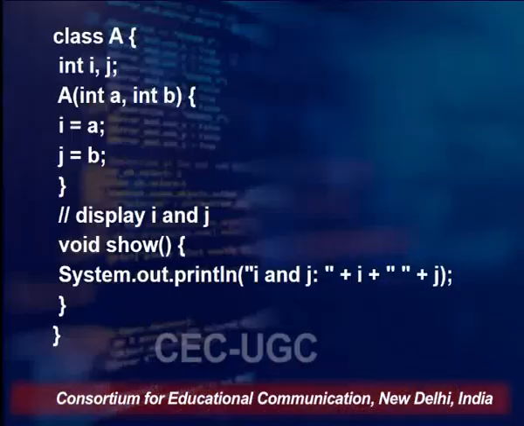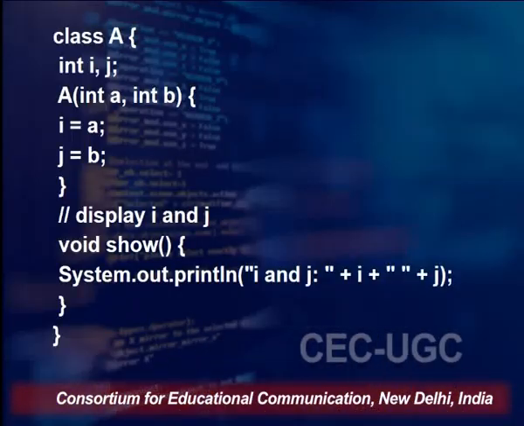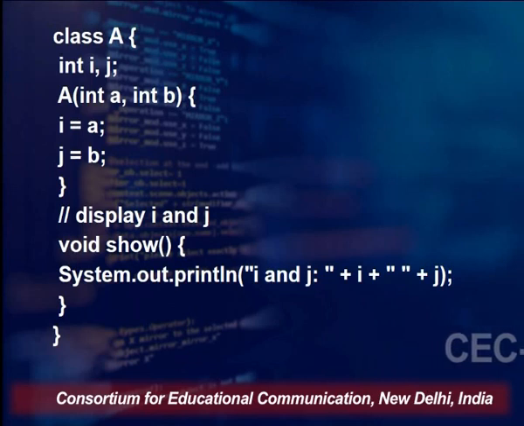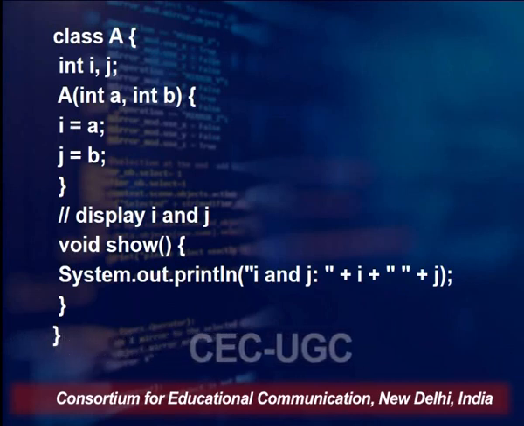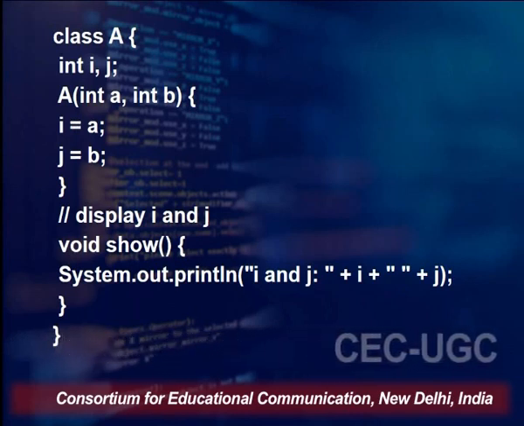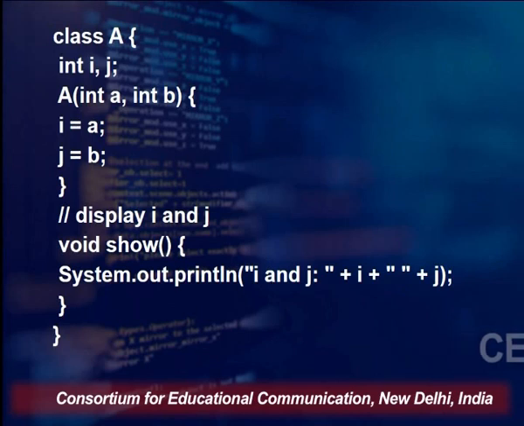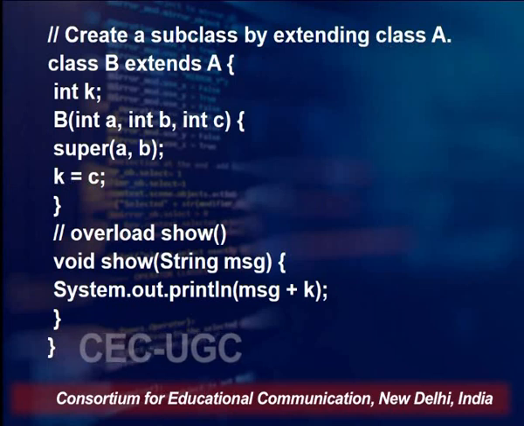Here in this class A we have i and j, two variables, which I have already explained, and the show method giving the values of i and j. Class A is as it is, we have not changed anything in it.